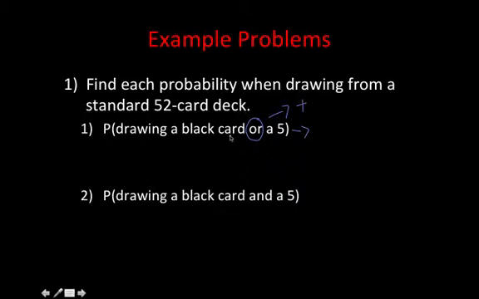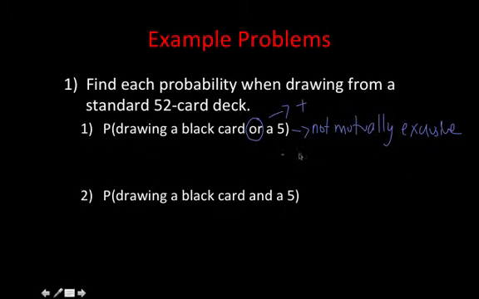If you are familiar with a 52 card deck, we have black cards and we have red cards. In the total deck there are 4 cards that are 5s, and 2 of those 5s are black and 2 are red. So these are not mutually exclusive because they can happen at the same time.